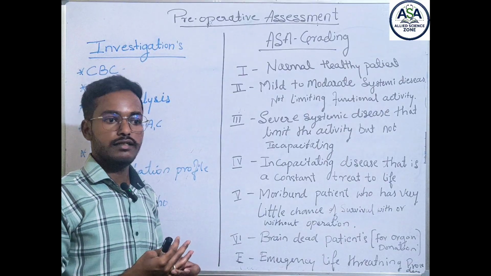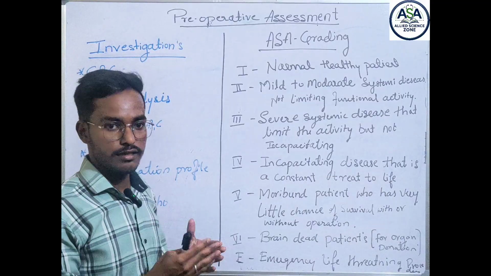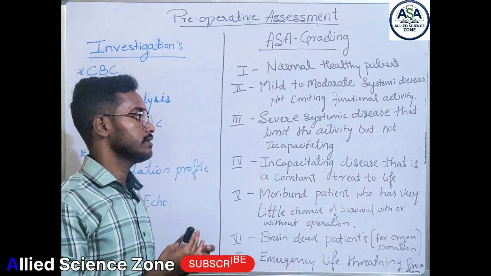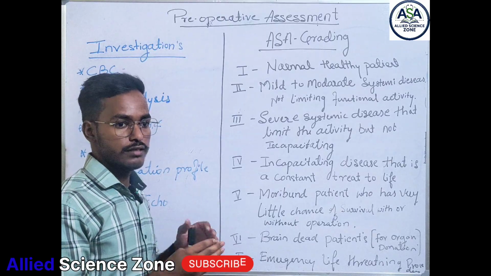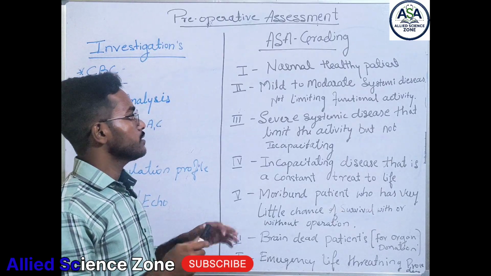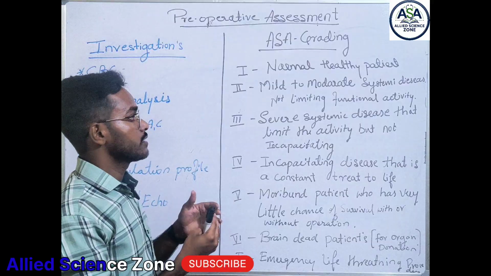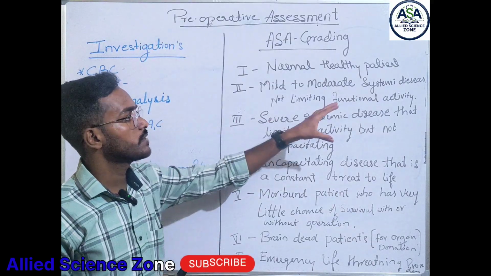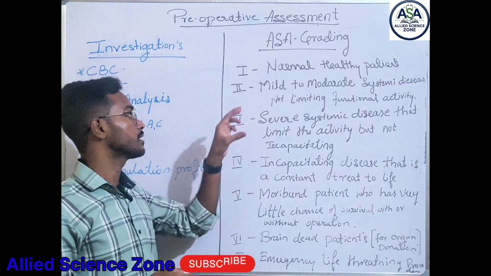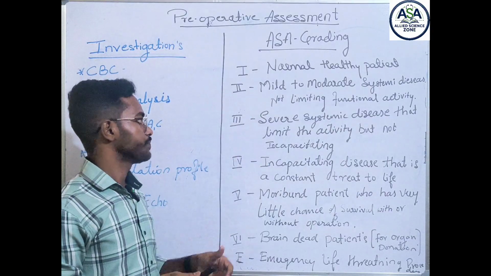It is okay if a patient has a cough and a cold; it is mild to moderate, and once treated, it goes off. Systemic diseases that do not limit functional activities all come under ASA 2.